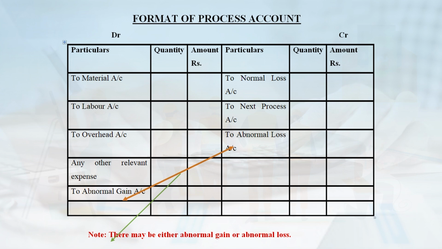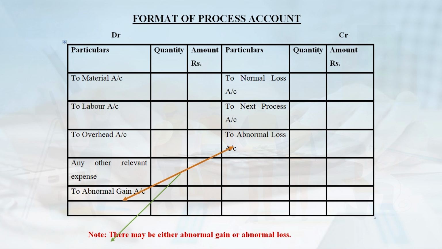On the debit side we will write to labor account for wage expenses, and on the credit side to transfer to the next process account. On the debit side the next item is to overhead account, and on the credit side the next item is to abnormal loss account.